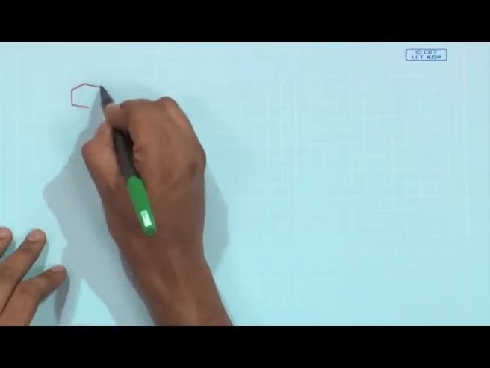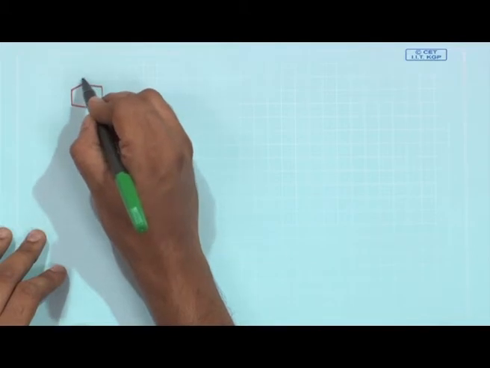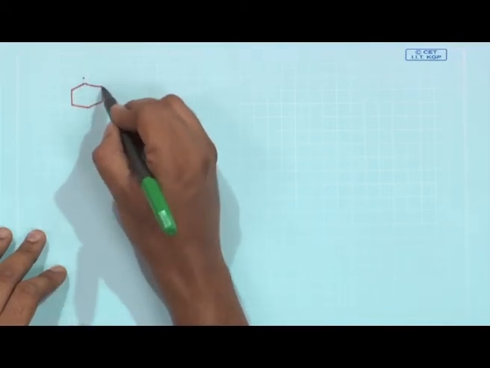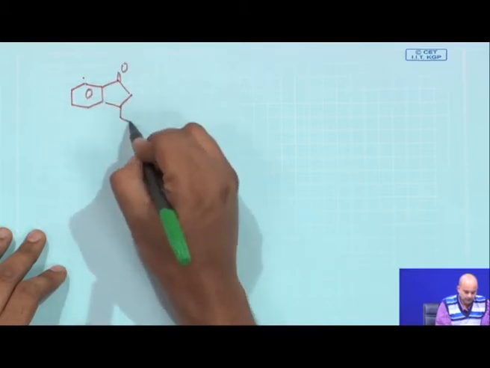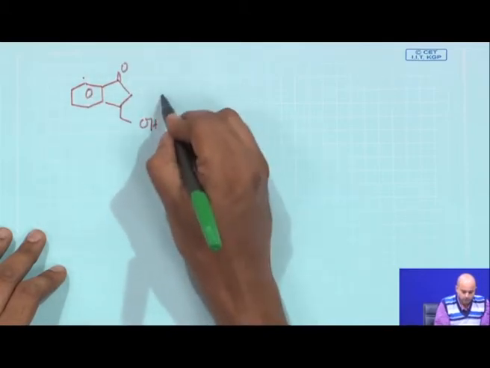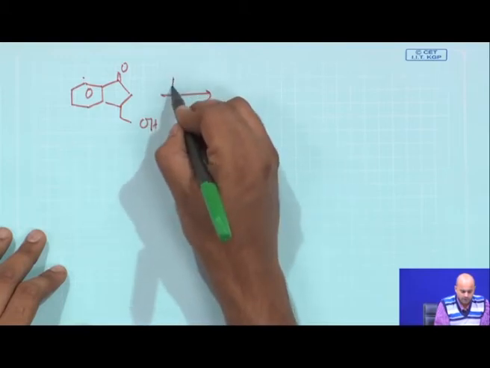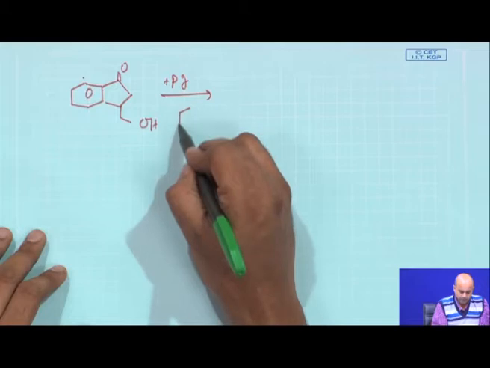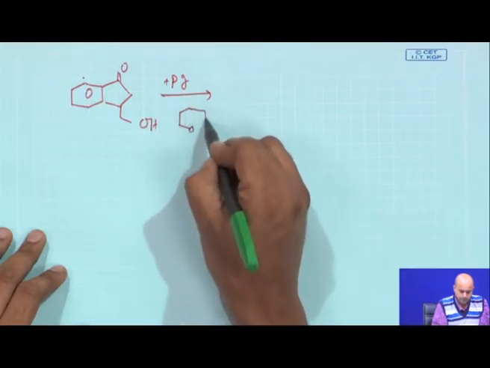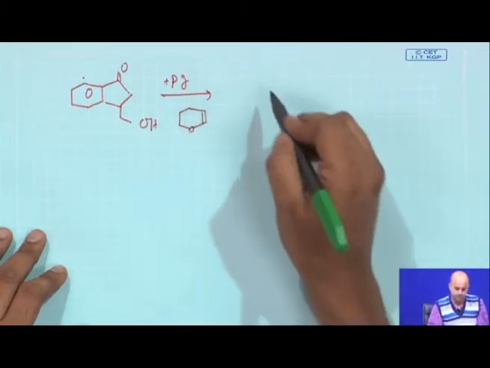So we will now go to the forward pathway. Start with the starting material whose structure was given as it is. For protection of this hydroxy group, you can use any protecting group. Let us use the simple protecting group which we used earlier, dihydropyran.